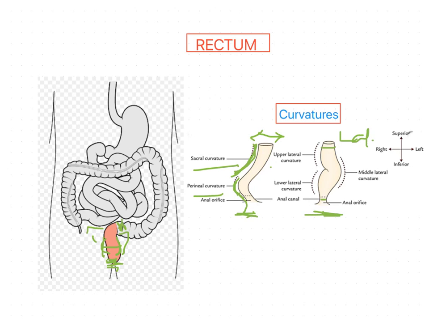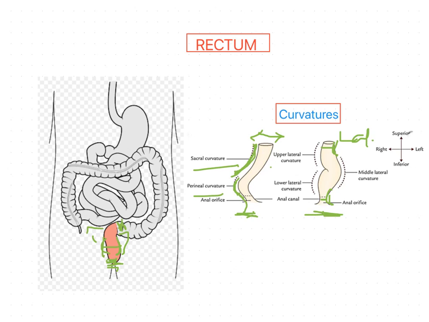Now we'll see the lateral curvatures. There are three lateral curvatures. The upper and the lower have concavities towards the left, and the middle towards the right.